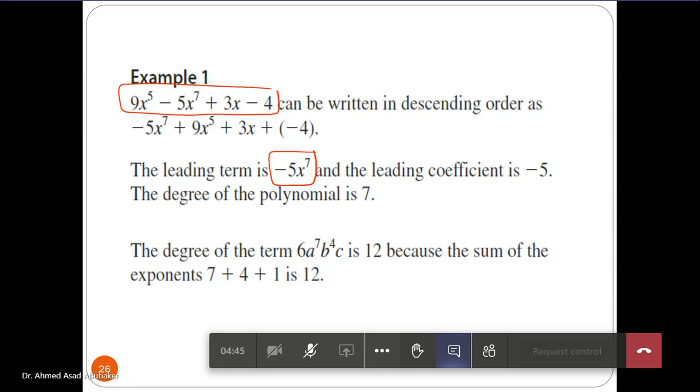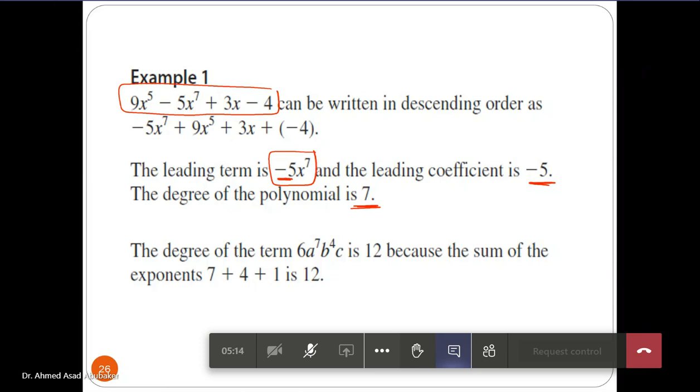This is the leading term. But the coefficient is only negative 5. The coefficient negative 5 is the leading coefficient. Now, what's the degree of the polynomial? The largest exponent, this is 7. So the degree of the polynomial equals 7.